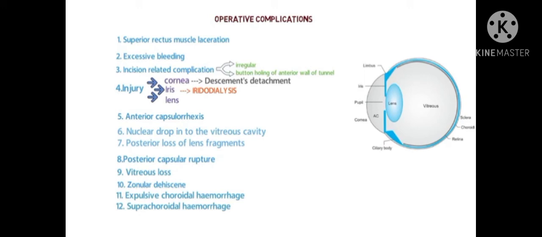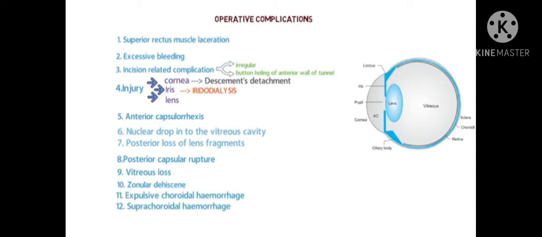So the first complication is superior rectus muscle laceration while holding the bridle suture. Then there is excessive bleeding. There can be incision related complications. After that, there may be injury to the cornea, iris, or the lens. Then there is the anterior capsule, and complications related to the anterior capsulorhexis. Then there is a nuclear drop into the vitreous cavity, or posterior loss of lens fragments.